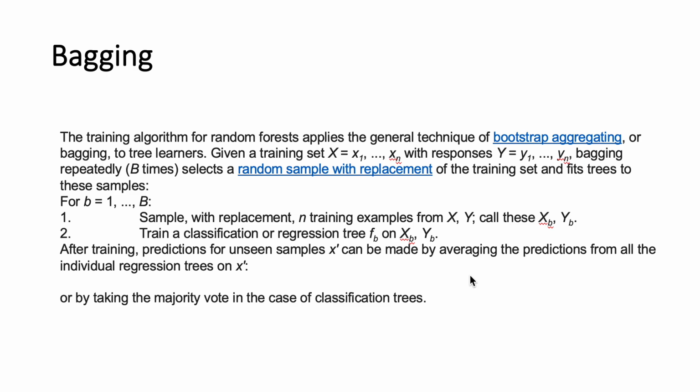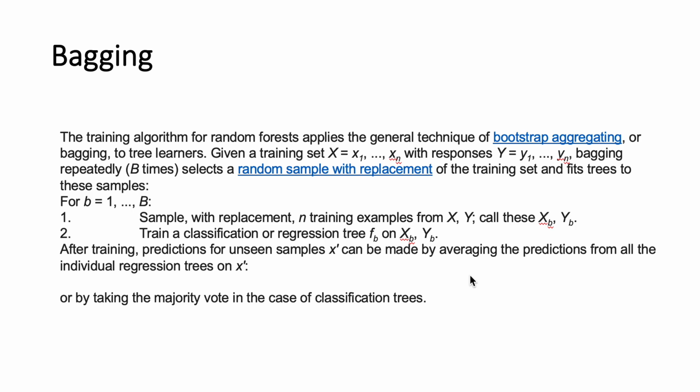For example, for b equals 1 to B, we sample with replacement n training examples from X and Y. We call them Xb, Yb. The b means bagging. Then we train a classification or regression tree fb on Xb and Yb.